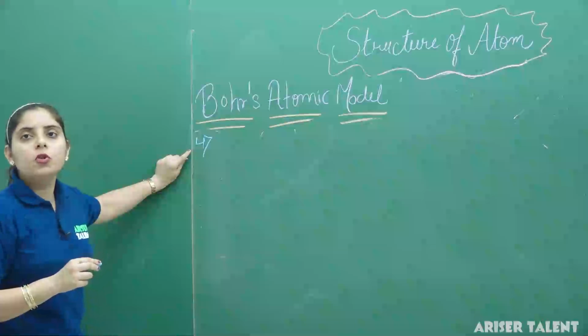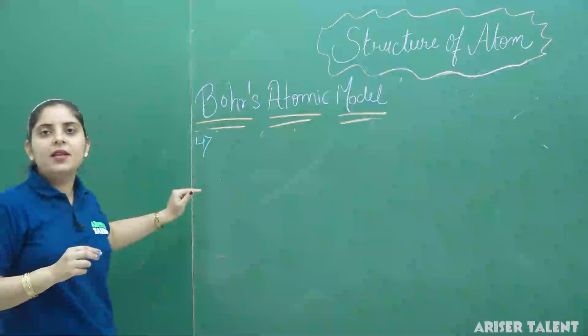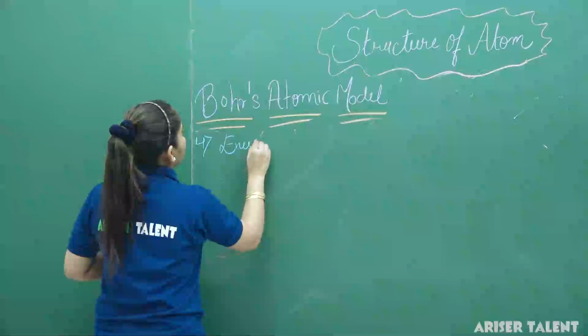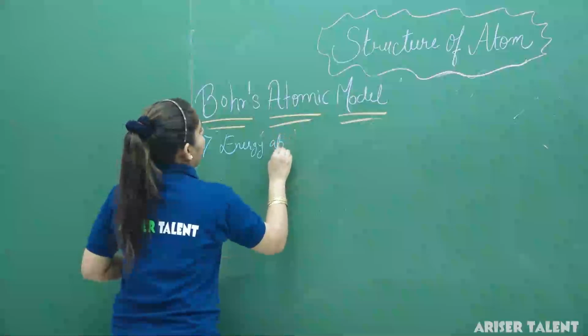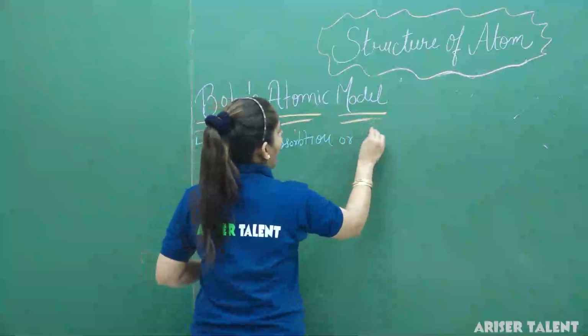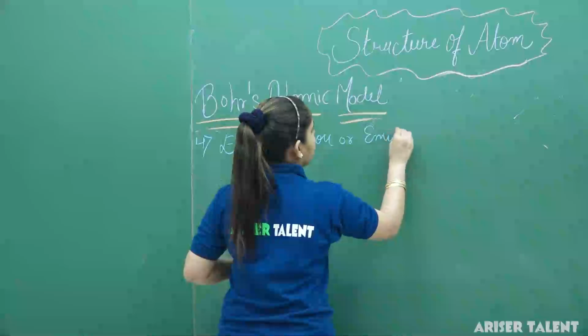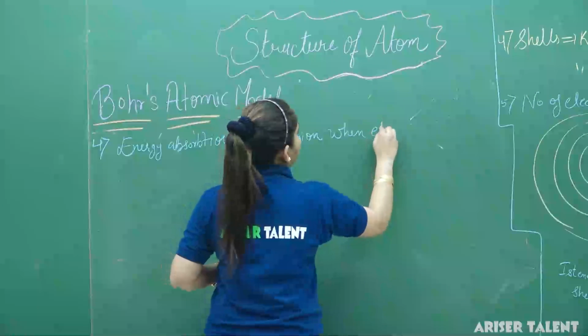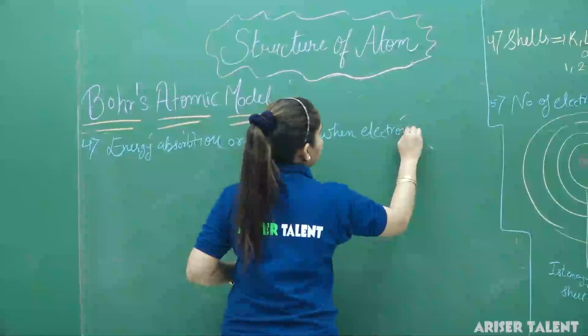So the fourth postulate of the Bohr's atomic model is energy absorption or emission when an electron jumps.